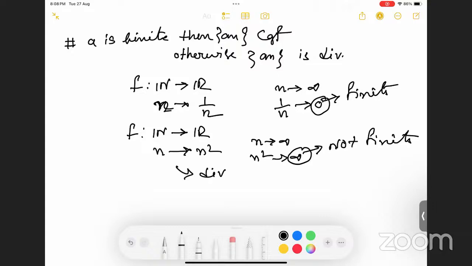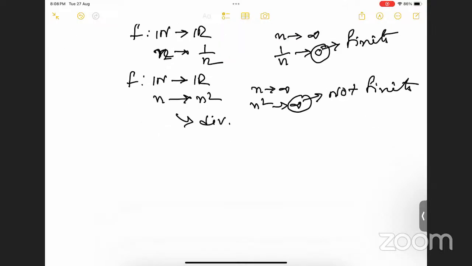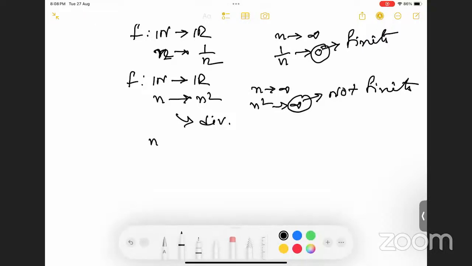We have another case. Suppose n goes to (-1) to the power n. Then we get two types of terms: when n is even, we get 1, and when n is odd, we get -1. So the range set will be something like 1, -1, 1, -1, and so on.